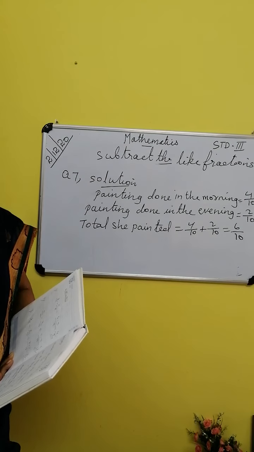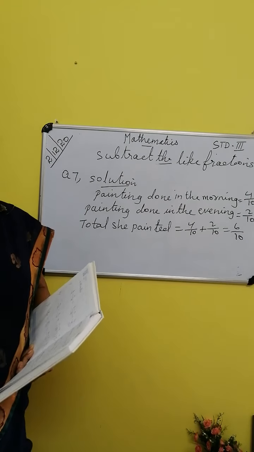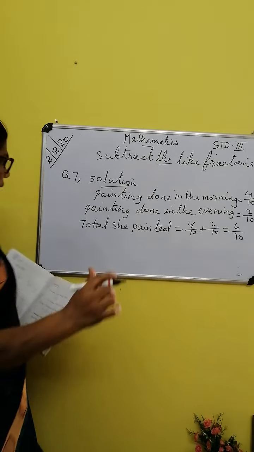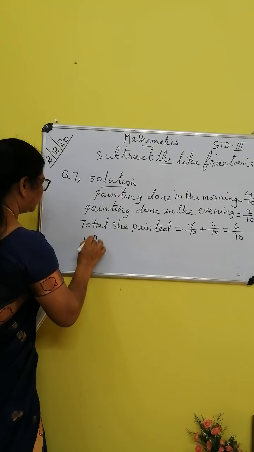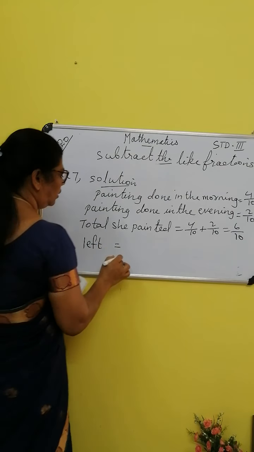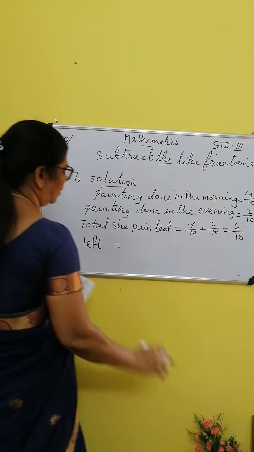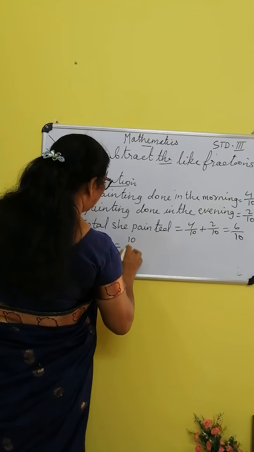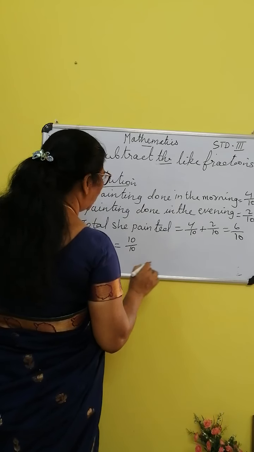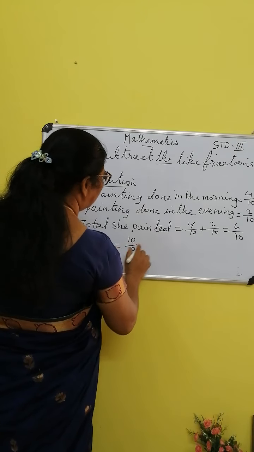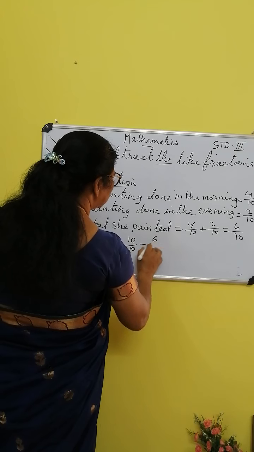Then how much is left to be painted? Left equals total, 10 by 10. Now all means 10 by 10. 10 by 10 minus 6 by 10.